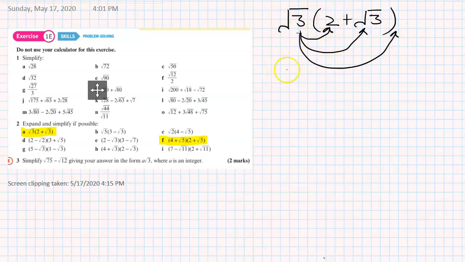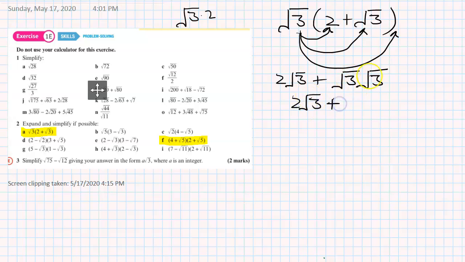So root 3 times 2 is, generally we write these numbers with the whole number first, then the root value, so 2 root 3, plus root 3 and root 3. Root 3 and root 3 is 3. Always remember root a multiply root a is equal to a.